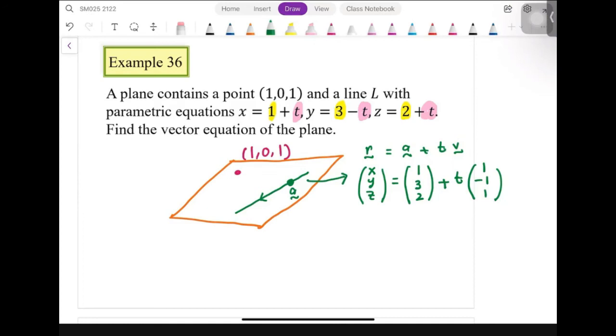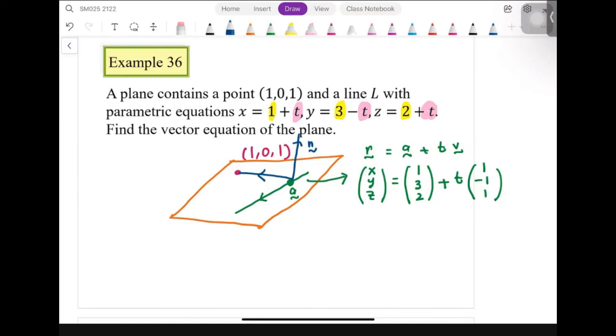Ataupun dua line lah senang cerita. Atas plane kita, saya baru ada satu je line kan. Line kali hijau tu lukis. Kita tak ada lagi satu direction vector ataupun lagi satu line. So, kenalah munculkan. Okay. Tapi kita ada hint kat situ. Kita ada dua point. Satu point yang duduk atas line. Satu point duduk atas plane. So, kalau saya perform direction vector kat situ, kita dapatlah dua direction vector. Bila dah dapat dua direction vector, kita bolehlah crosskan untuk dapat normal vector.